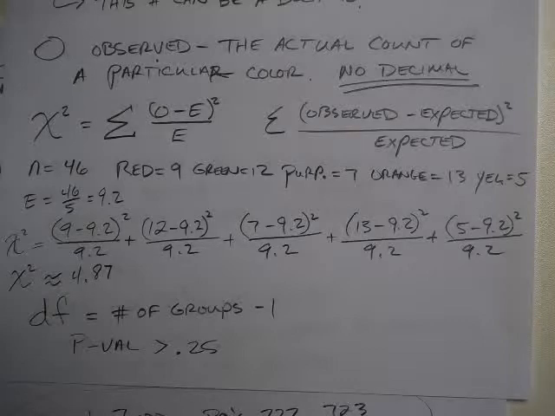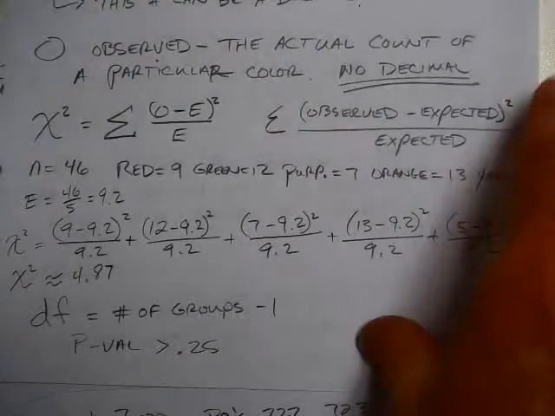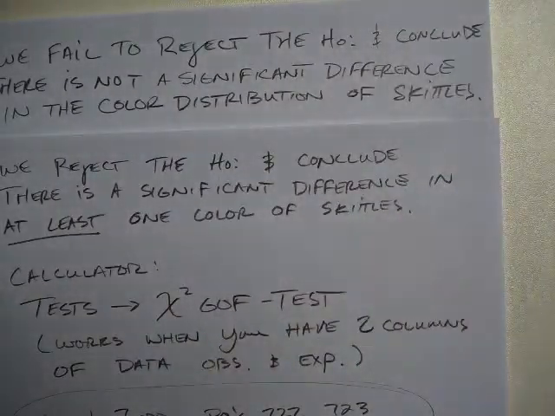Like last class we had somebody who had 96.96, which means that they had almost a perfect distribution, almost the same number of each of the colors. It's only when we get a value that's less than 10% or less than 5 or less than 1, if you set those limits, are you concerned about it being significant.